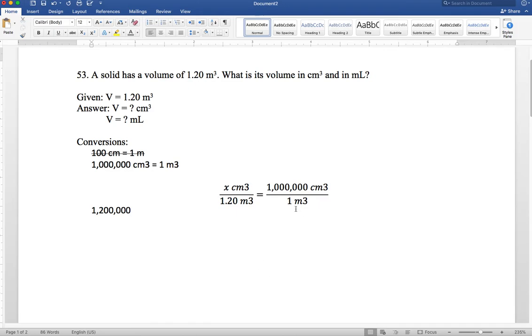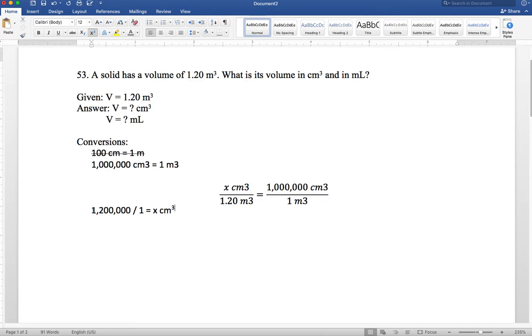And then we're going to divide by whatever number we have left, which in this case is 1. So we're going to say divided by 1, and that equals whatever we're solving for. And it's X, and the units are cubic centimeters, and it's important to keep track of the units.